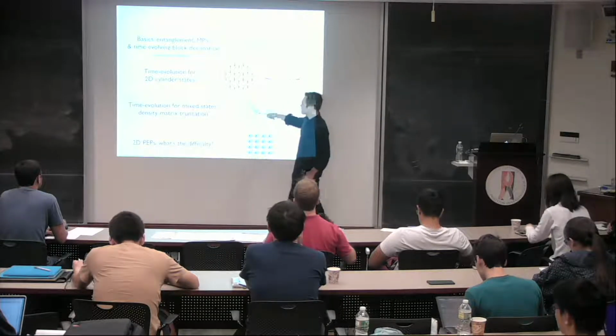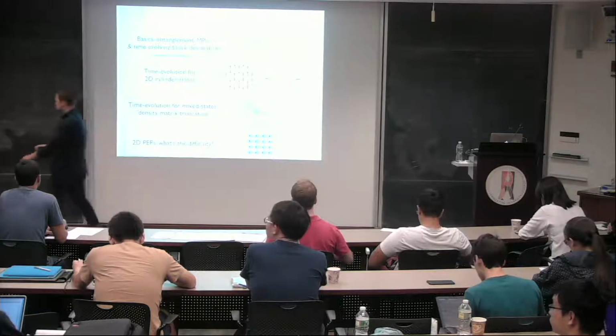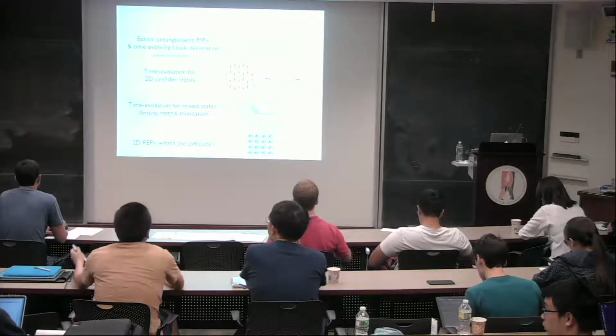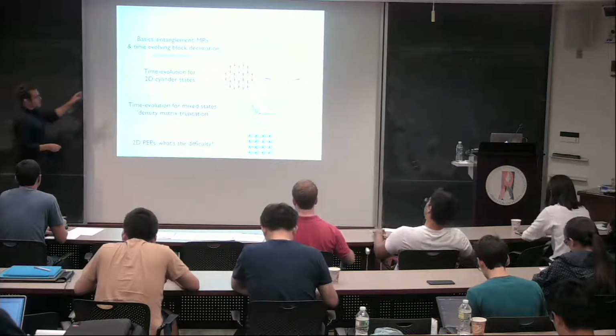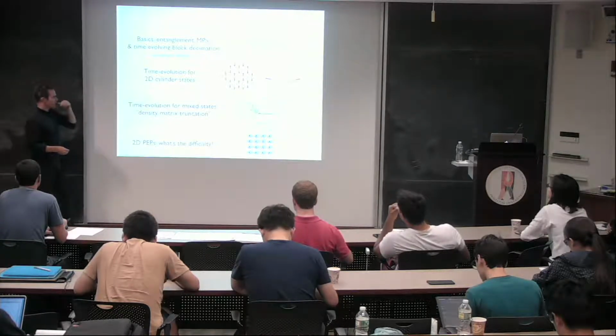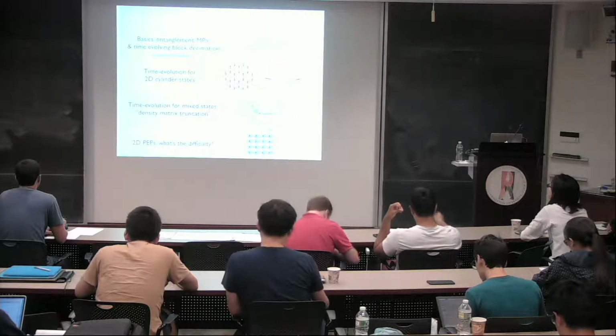Before I move on to mixed states, let me make 2 comments on the time evolution for spectral functions. One, this real-time approach I was talking about is definitely not the only way to do it. There's also a way to work directly in energy space.